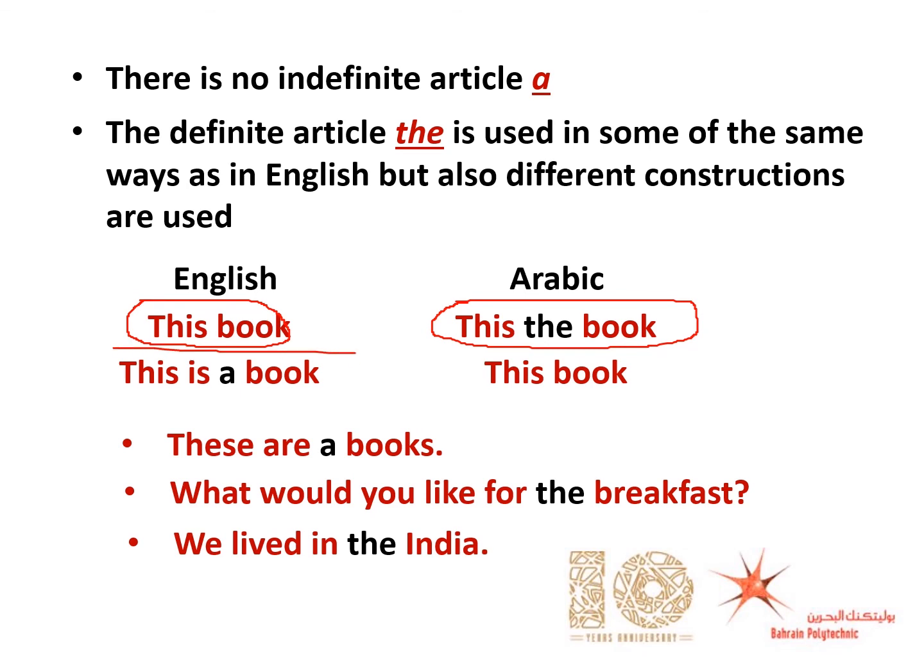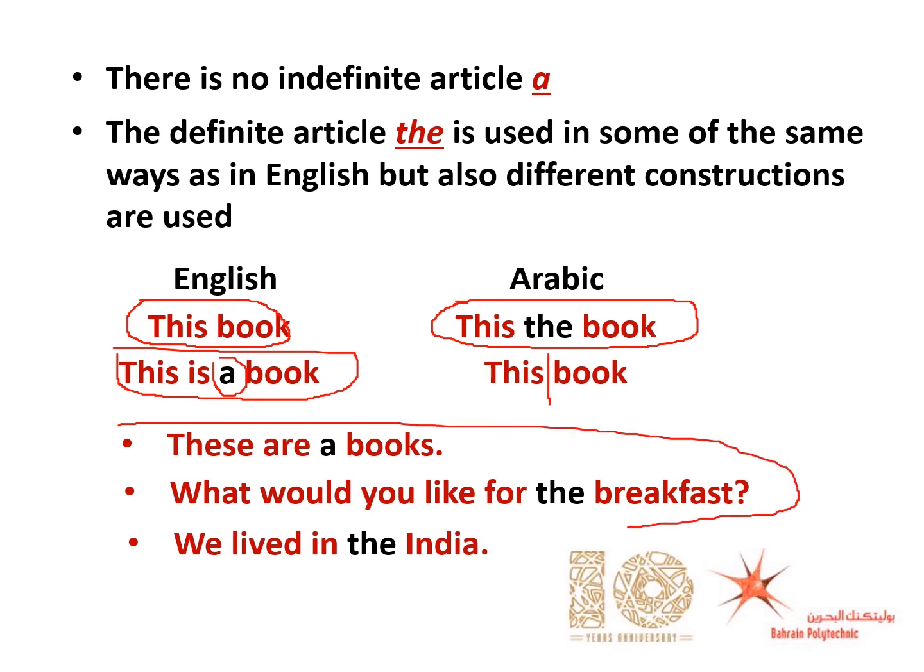This is a book, because there is no indefinite article in the Arabic language, so it is not written here. Students will miss it or just ignore it. These are some of the examples of how mistakes might occur because of this confusing area.